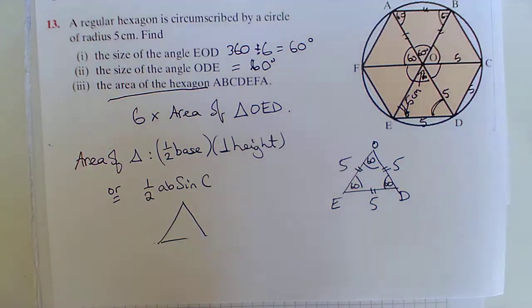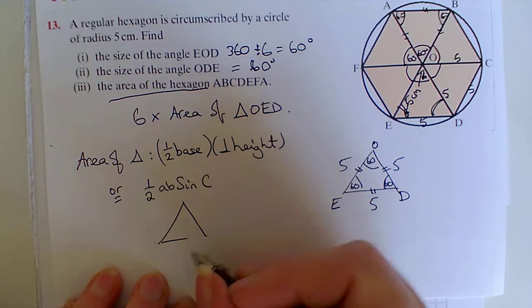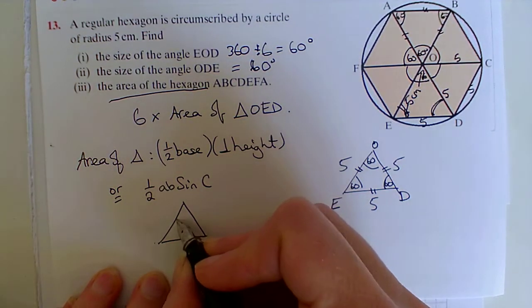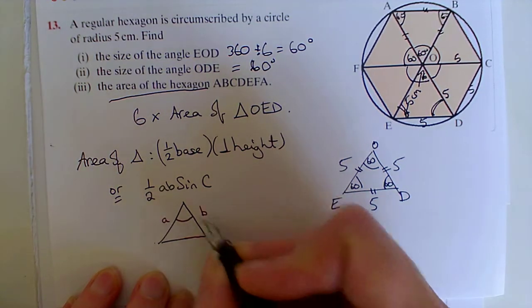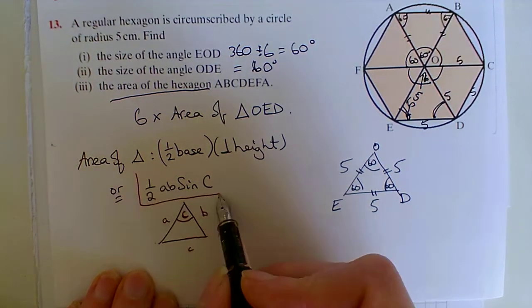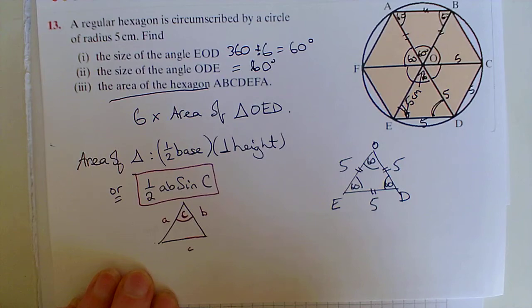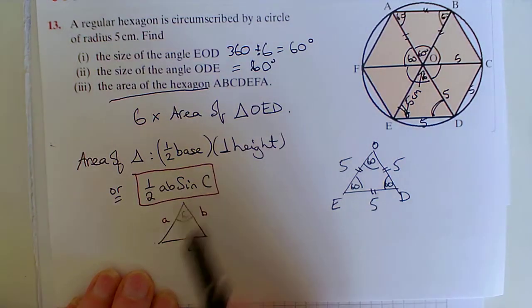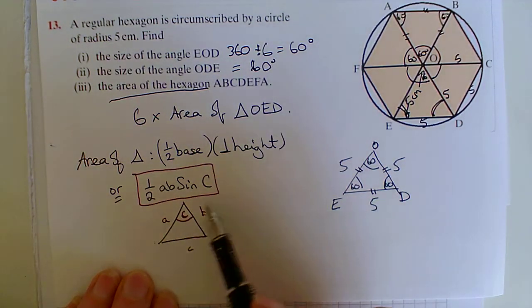where, sorry, my pen ran out, where it shows the sides a, b, c, and the angle there is in between them. So this formula is a nice way of finding the area of a triangle when we don't know the perpendicular height, but we do know the angle.